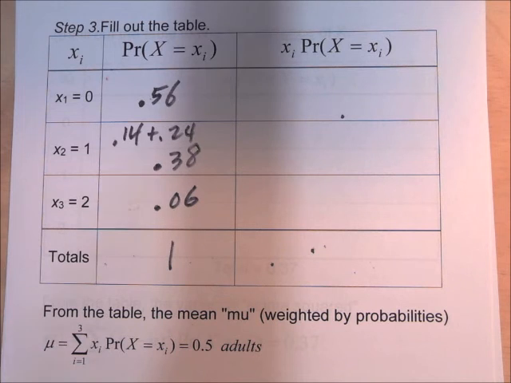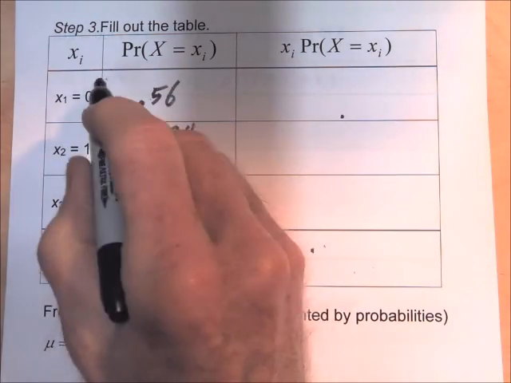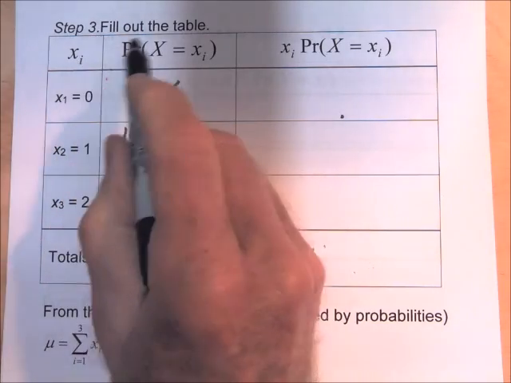And now we're ready to compute the mean. The mean is a weighted mean. It's weighted by the probabilities. So it's going to be each value of X times its probability.